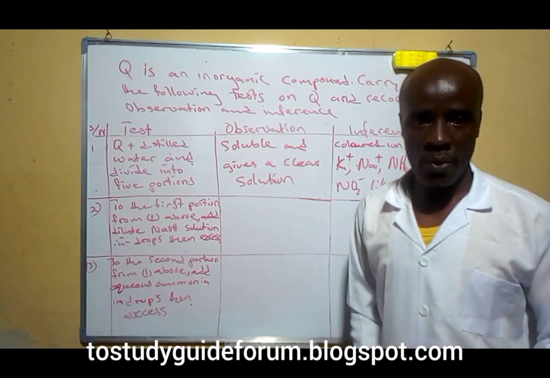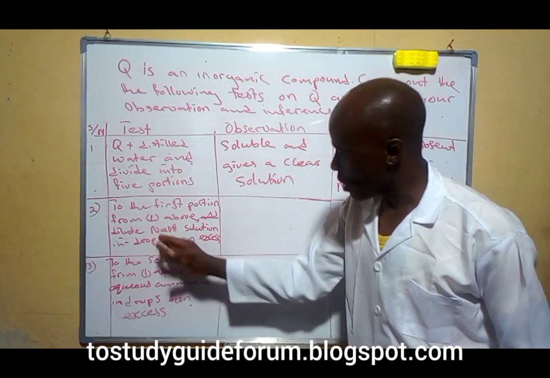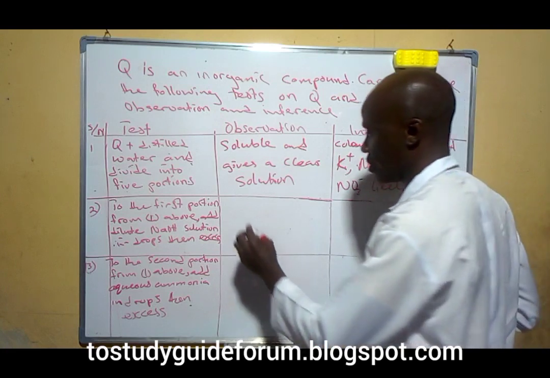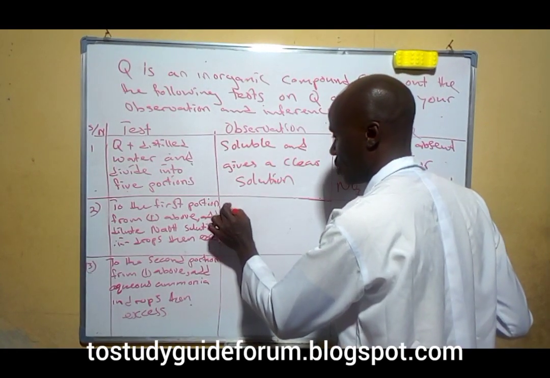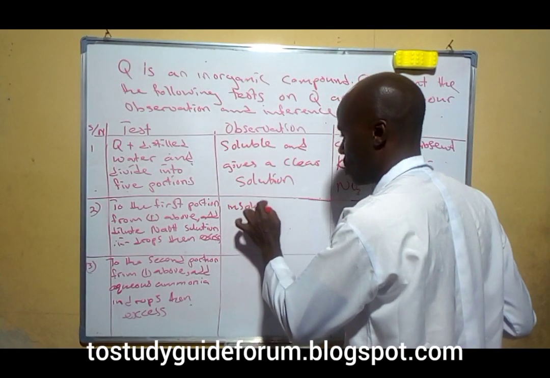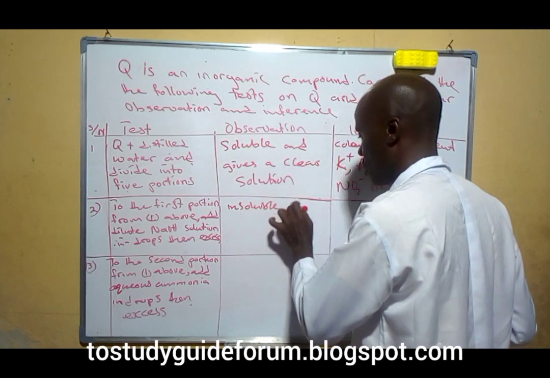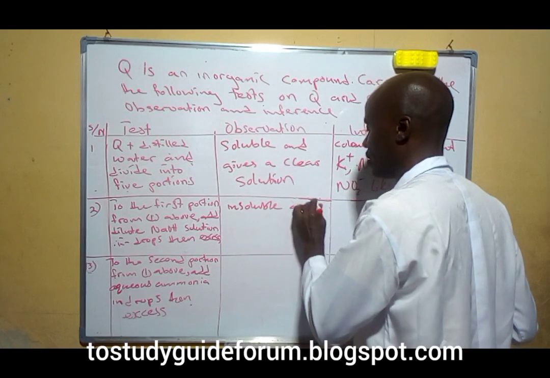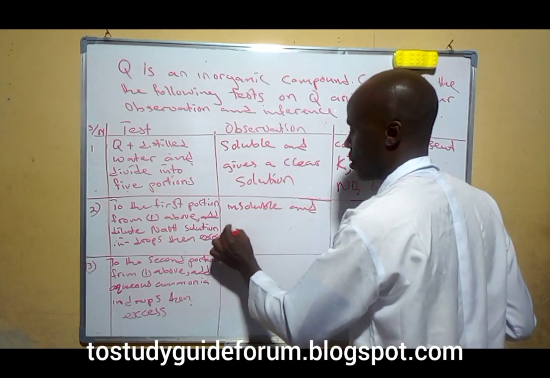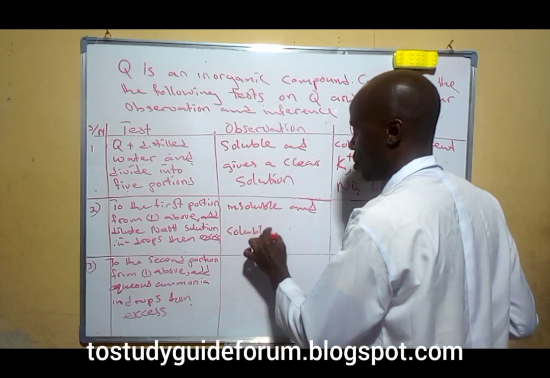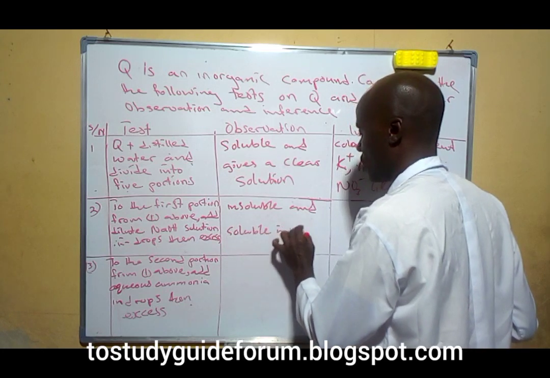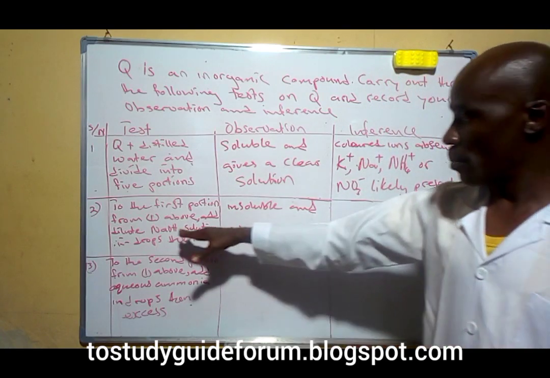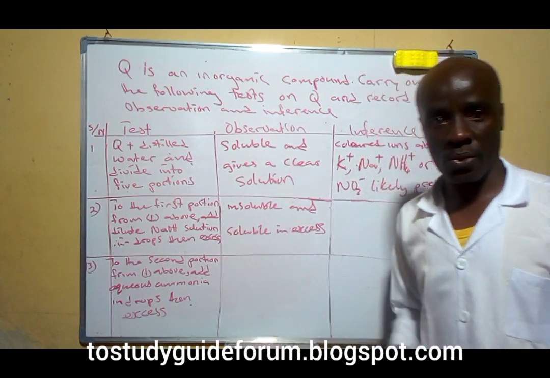In the first portion, the next thing we do is add dilute sodium hydroxide solution in drops and then in excess. In drops, we notice a precipitate that is insoluble, and it is soluble in excess. So, insoluble in drops and then soluble in excess.